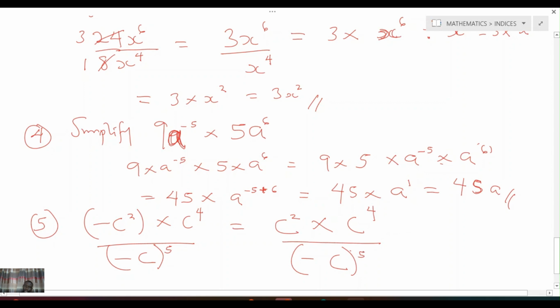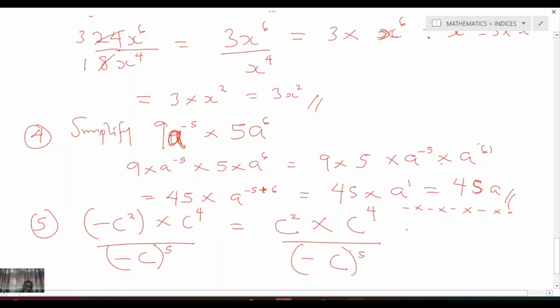And because this is an odd number, if we say minus times minus 5 times: minus times minus is plus, times minus is minus, times minus is plus, times minus is minus, meaning that this will later result into minus.